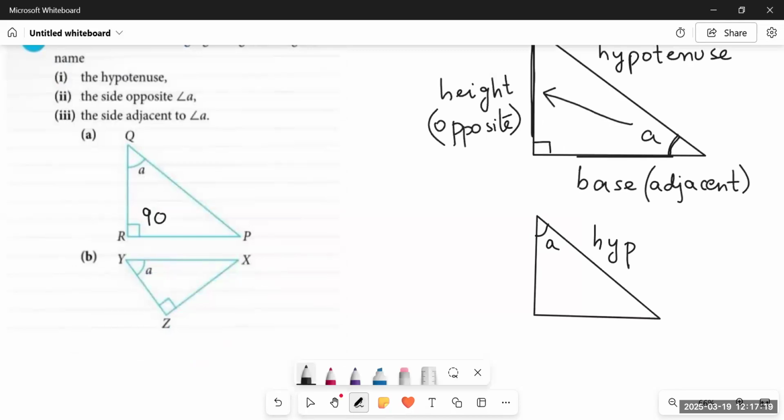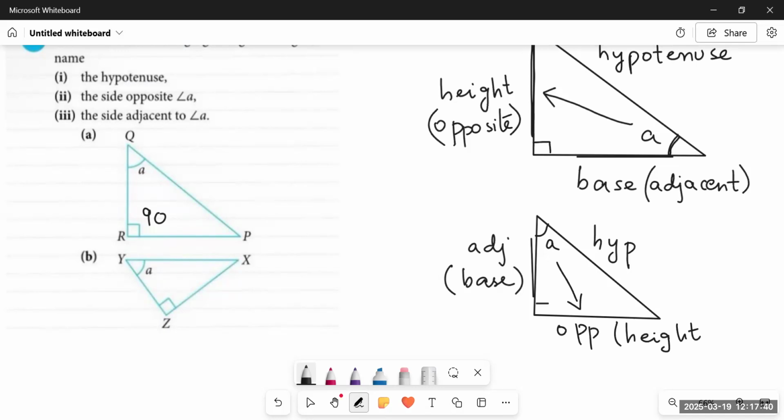But this time, this side would become adjacent, so it becomes the base. And now this side is opposite, so it becomes the height, because this one is the right angle.